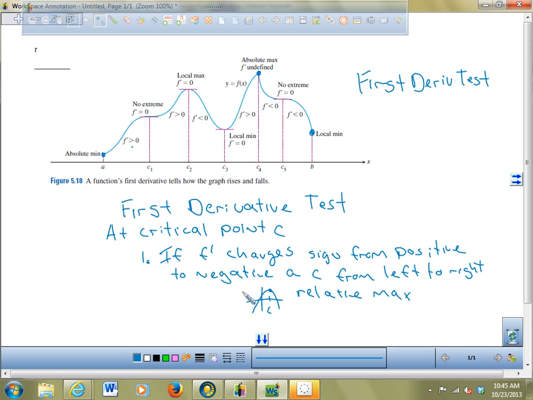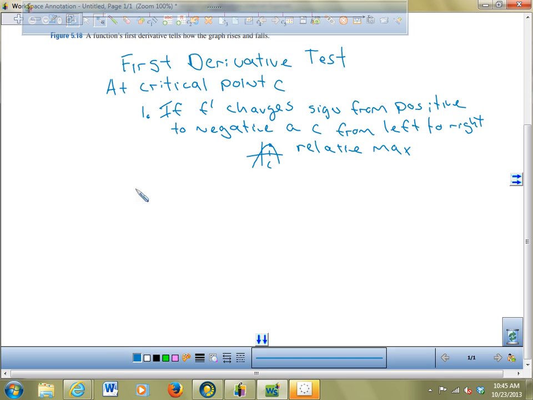We talked about that, and we'll talk about how you test for that. So we'll do that later, okay? The second part says that if f prime changes sign, oh, that rhymes.